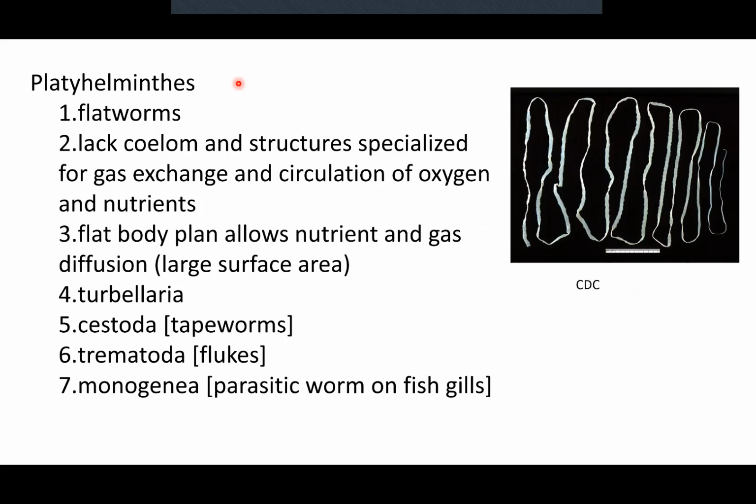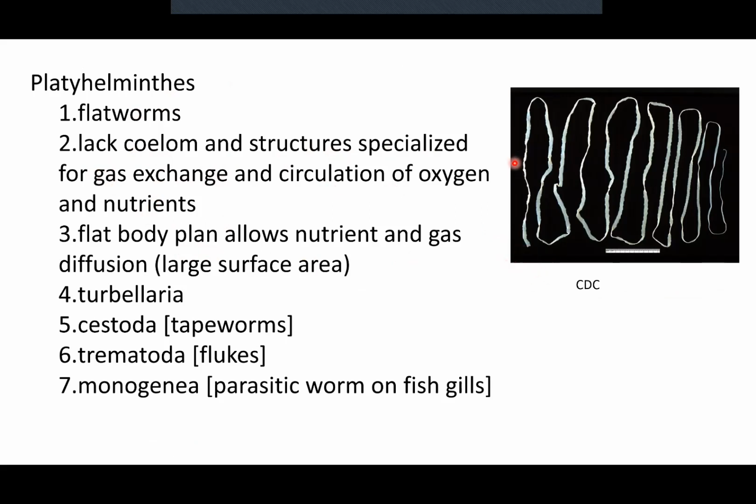Next, we talk about the flatworms, Platyhelminthes. So they do not have a coelom. They are acoelomates. So they lack structures specialized for gas exchange and circulation of oxygen and nutrients. As a result of this, they have a very flat body plan. This picture from the CDC is an adult tapeworm.